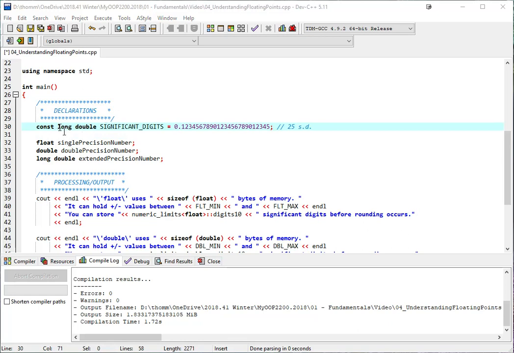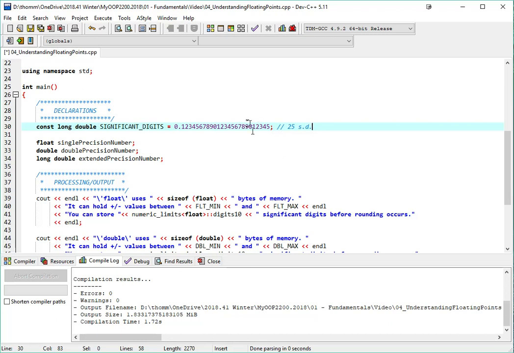I've called it significant digits, and it's 0 point, and then 25 digits. That's obviously more than any of the data types will hold. Now I've intentionally caused a little bit of a logic error here.